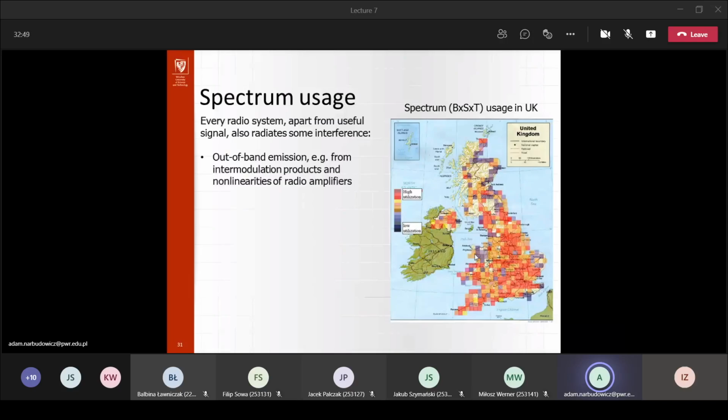Okay. So another thing is that there is an issue of out-of-band emissions. So, for example, from what's called intermodulation products and nonlinearities of radio devices. I would like to dedicate a special lecture this year to intermodulation and nonlinearities and how they work in real electronics.